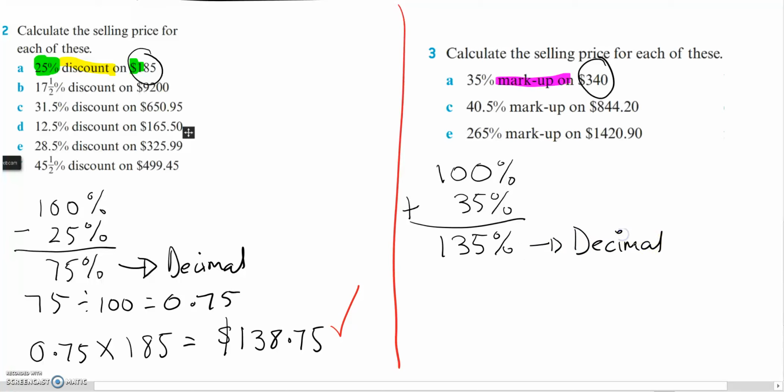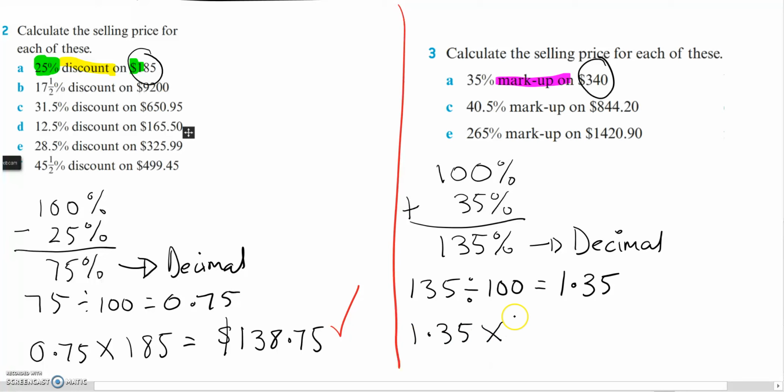Again, let's turn that into a decimal. 135, and we divide that by 100, and we end up with 1.35. Similar to what we did down here. Alright, we are looking at finding a percentage of this now. So it is now 1.35.